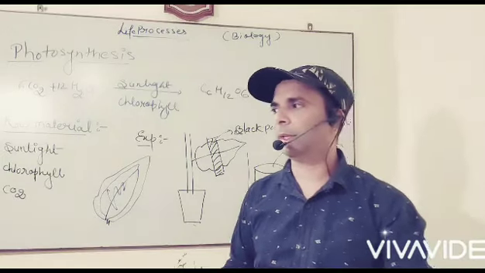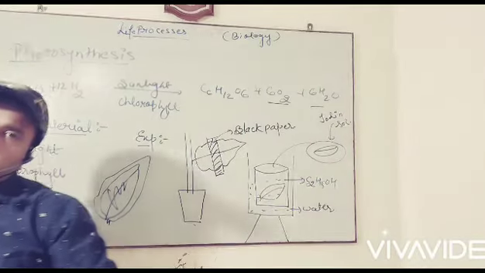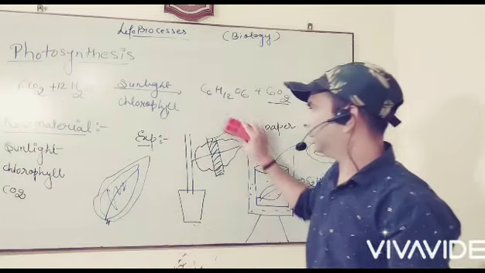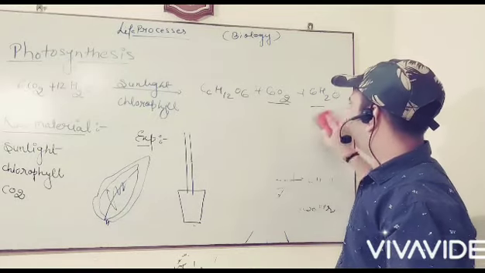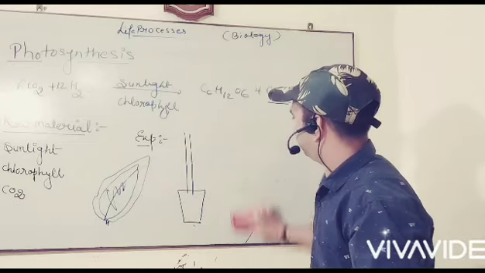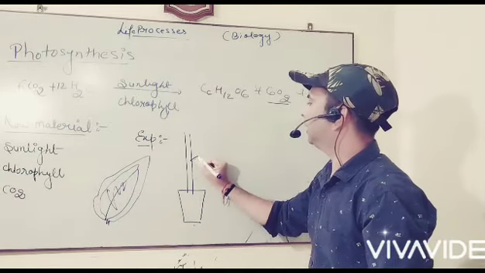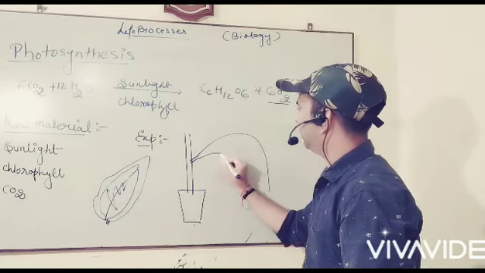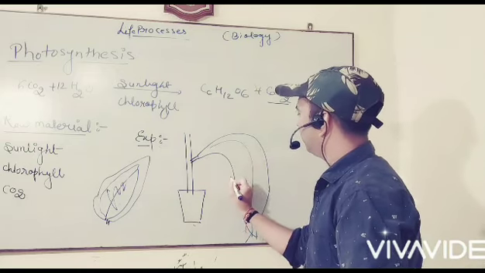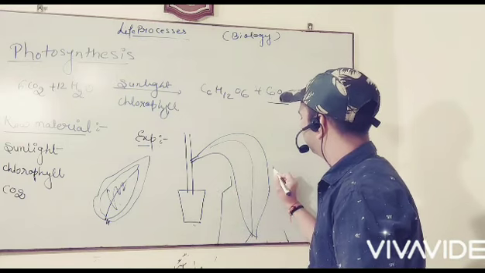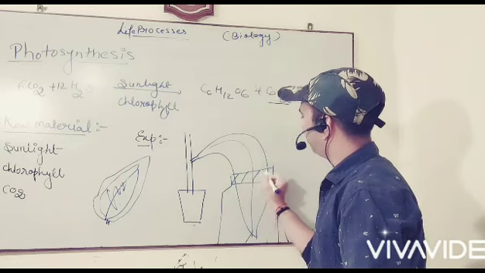Now we perform the same experiment for CO2. So what can we do? We take a big leaf and put it in a big jar, such that half of the leaf is inside and half of the leaf is outside.